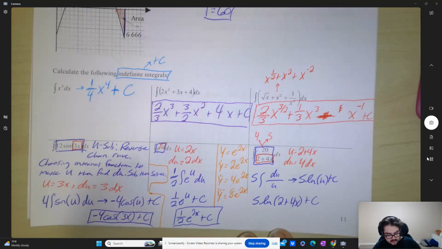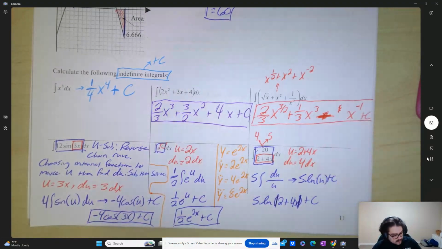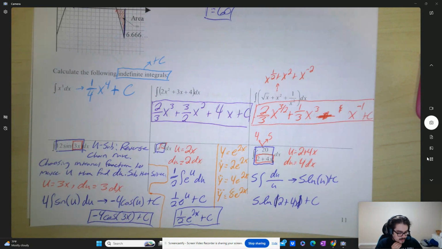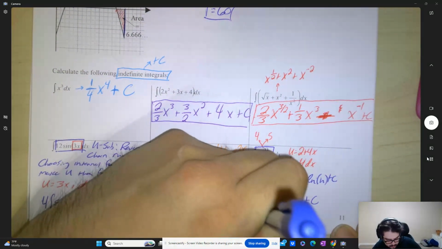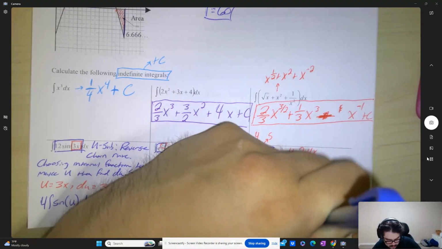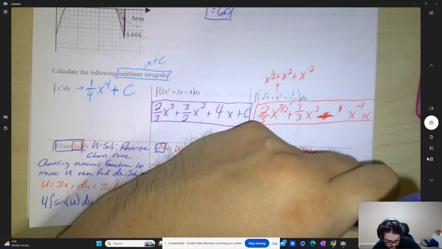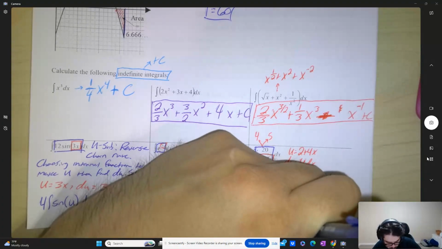And actually, these should be absolute valued, because ln of x is undefined for negative numbers.